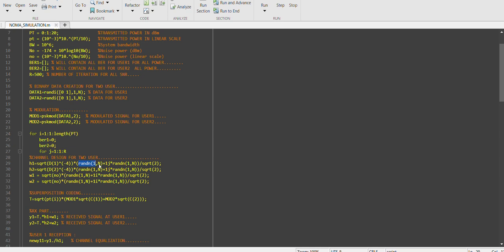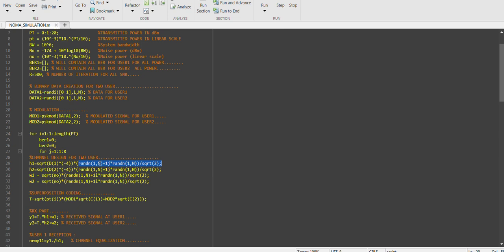Then we need to give x plus j y, with mean 0 and variance 1 by 2. That is why x is randn. It will generate normally distributed random data, and the total length we are considering is n. So 1 is the number of rows, only one row, and n is the number of data we want to generate. Here the length of data is 1000. N is the length of data.